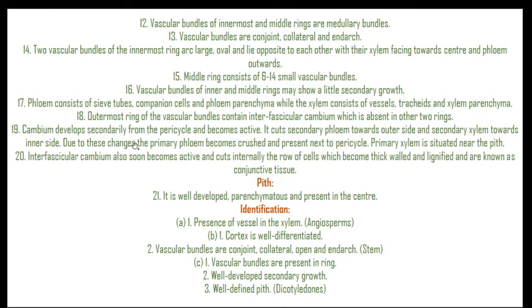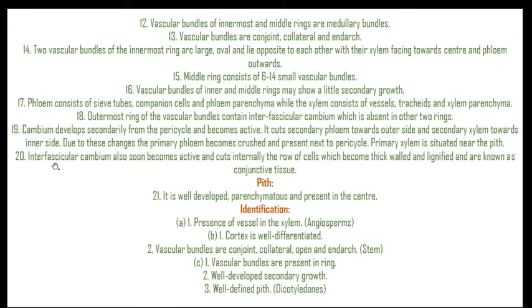Primary xylem is situated near the pith. The primary xylem is nothing but the xylem tissue which is facing towards each other, in the bundles present at the center, situated near the pith.